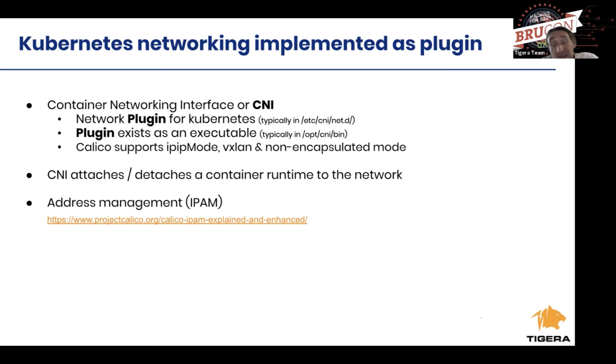Once kubelet decides to spin up a pod, it will ask the CNI, which is a binary installed, or a pod, running on every Kubernetes node. It will ask for an IP address and make sure the interface is connected to the pod, to the correct network, and so on and so forth.